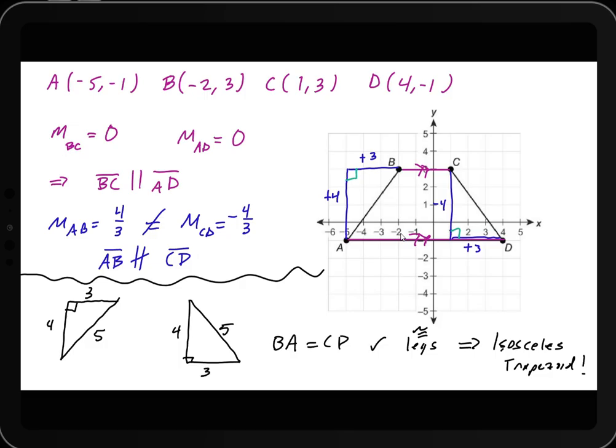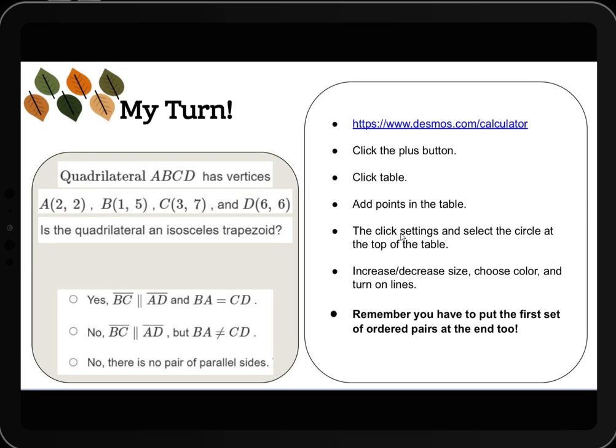Okay, so with that being said, you could look at this problem on your own and check on Desmos calculator to see if you can confirm that this is also an example of an isosceles trapezoid. So please refer to the video that I've posted in our channel that explains how to input ordered pairs like this and show a polygon or a figure in either Desmos or even GeoGebra.